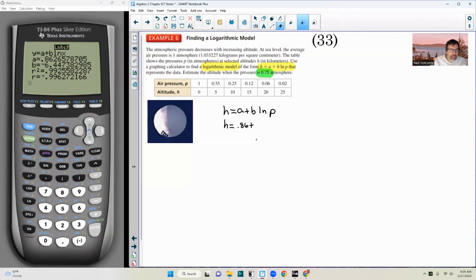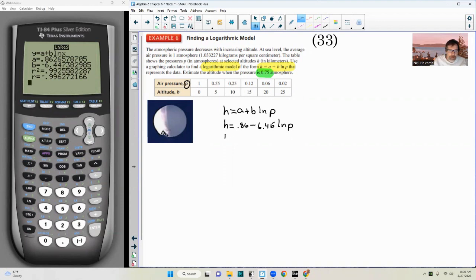It's not plus, it's negative, so it's minus. I don't ever want to write plus a negative, just put minus 6.4. 6.4 and 7 makes the 4 a 5, round to 2 decimal places. And then the natural log of P. So there's my equation. H equals 0.86 minus 6.45 ln of P. P is our pressure.